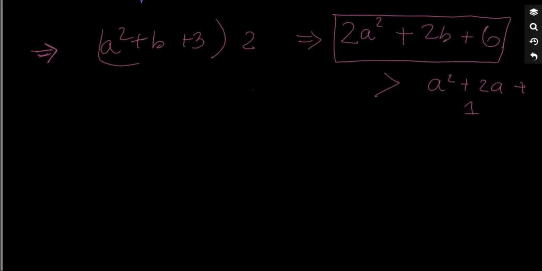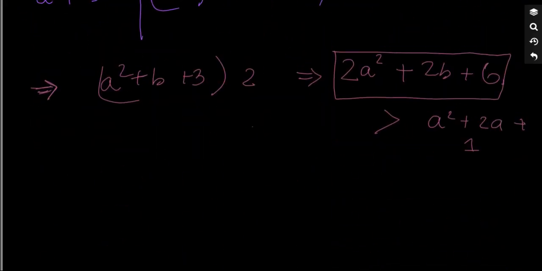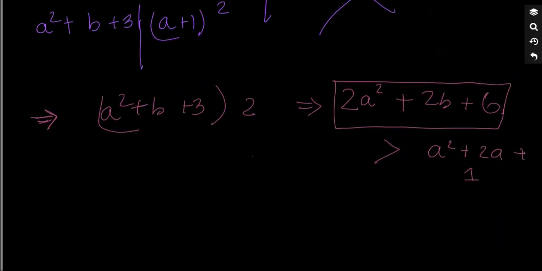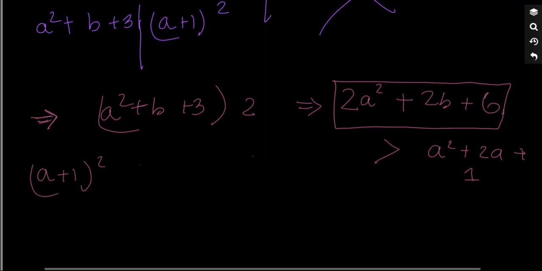So I multiplied what we got in the inequality. According to the inequality, a plus 1 whole square is greater than or equal to a square plus b plus 3.